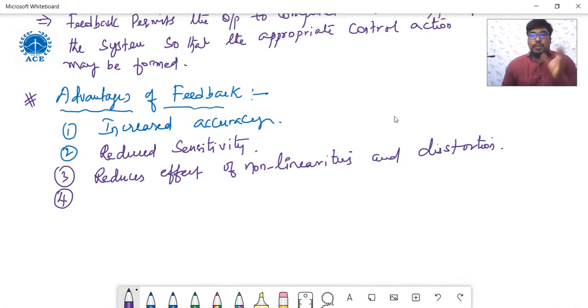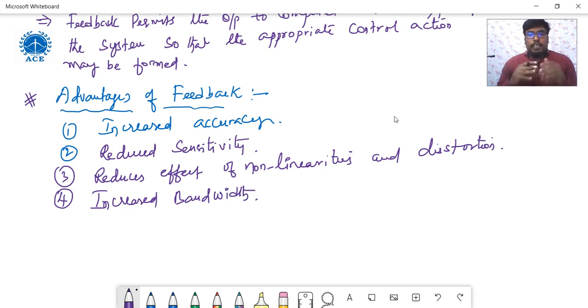If you maintain proper overall gain, then the bandwidth is also increased here. So increased bandwidth. So, the advantages of feedback, with design being a major factor as I already told: we have increased accuracy, reduced sensitivity, reduced non-linearities and distortions, and also increased bandwidth, right?